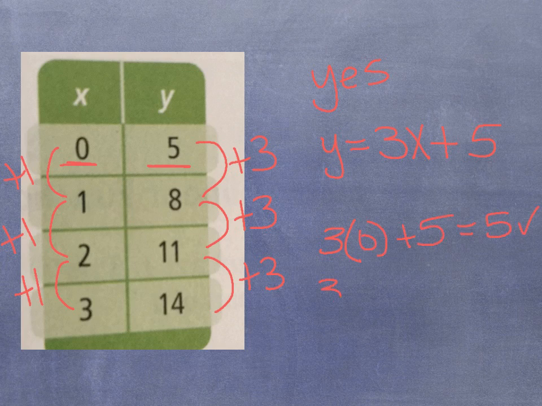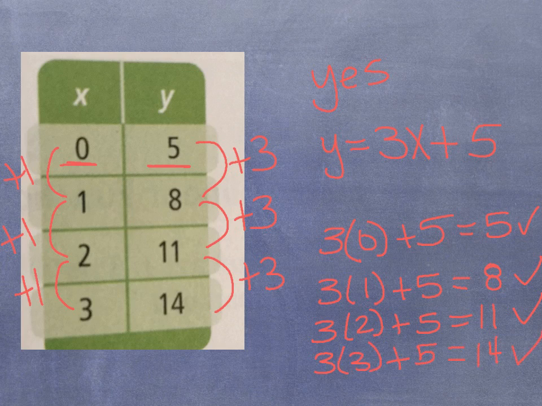That one checked. Then try the next one. 3 times 1 plus 5. 3 times 1 is 3, plus 5 is 8. That one checked. 3 times 2 plus 5. 6 plus 5 is 11. That one checked. And then the next one. 3 times 3 plus 5 equals 14. 9 plus 5, 14. That's correct. So yes, indeed, this is my equation.